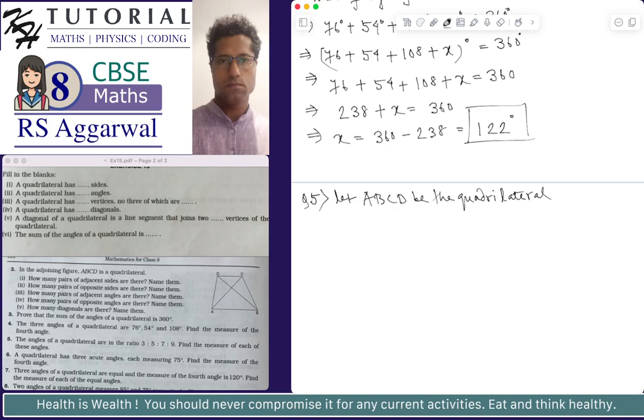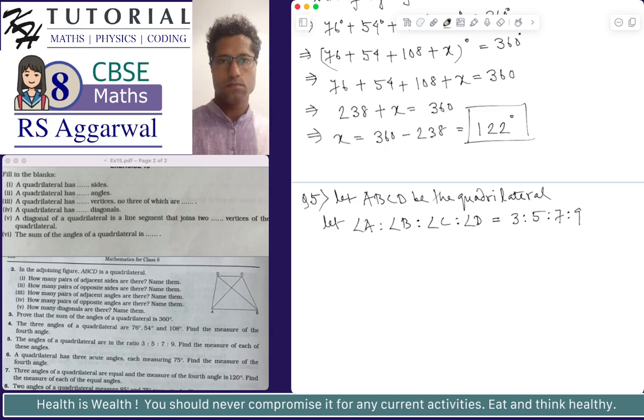Now the ratio of the angles, angle A is to angle B, angle C, angle D, let this be given as 3:5:7:9.